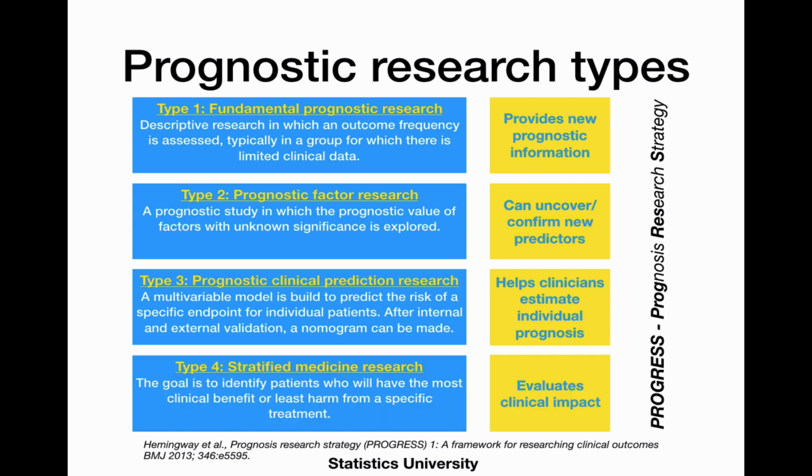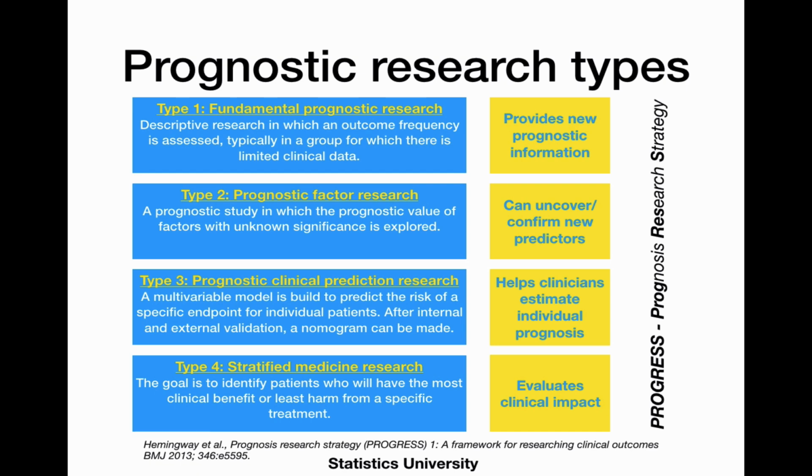And the fourth and last type is that of stratified medicine research, of which the goal is to identify patients who will have the most clinical benefit or least harm from a specific treatment. So this evaluates the clinical impact of the introduction of a clinical prediction model. And as you can see, this has striking similarities with the research types of diagnostic research.